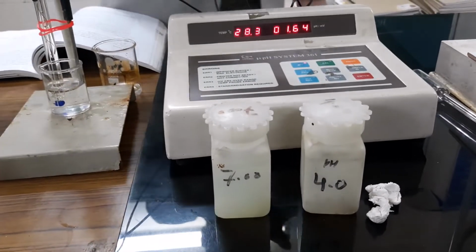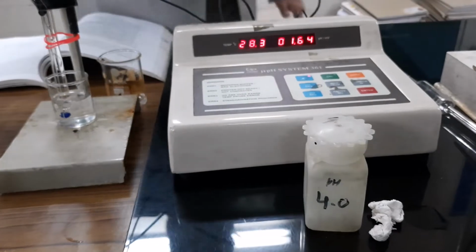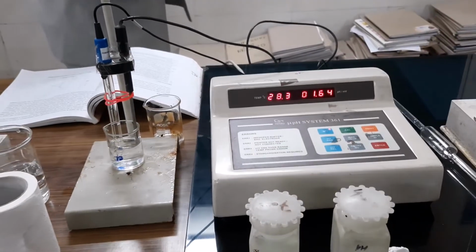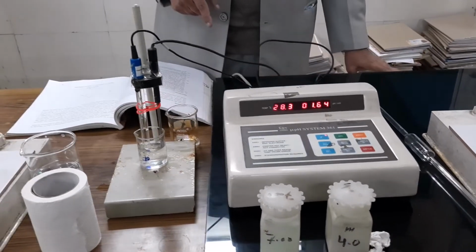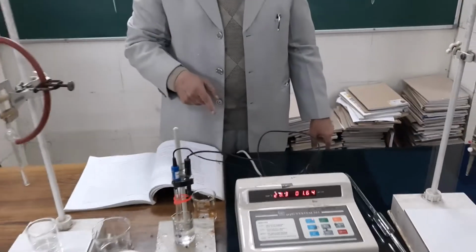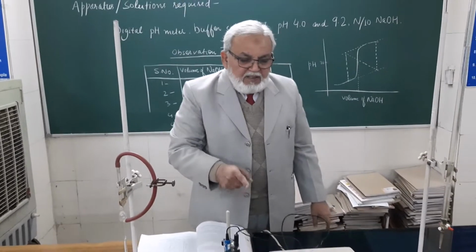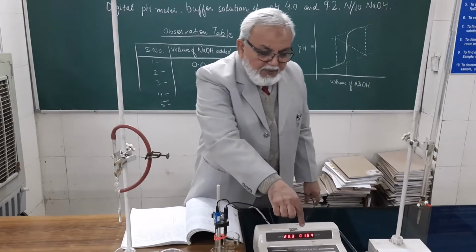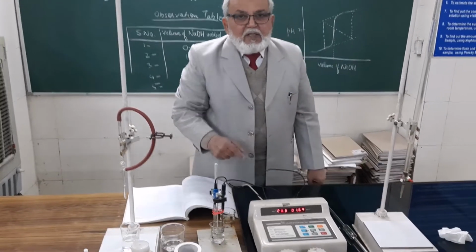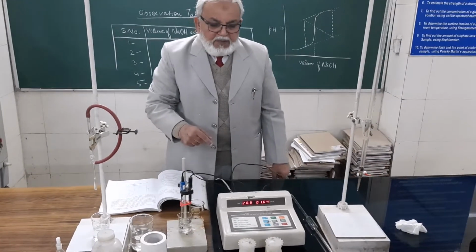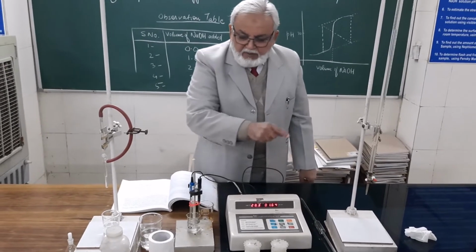We have two buffer solutions, pH 4.0 and pH 9.2. So when we are determining the pH of an acid solution, we standardize our pH meter using a buffer solution of pH 4.